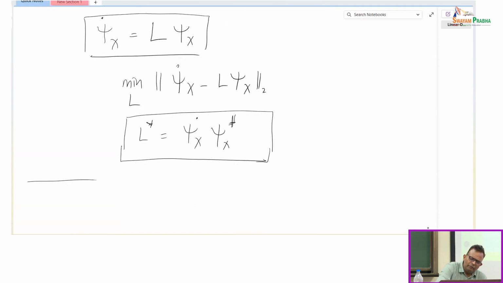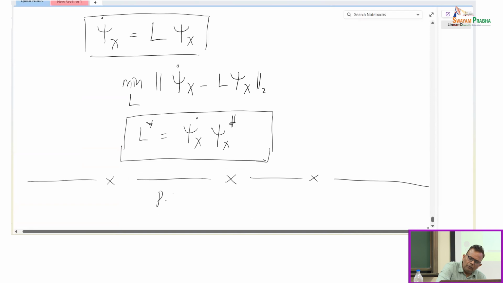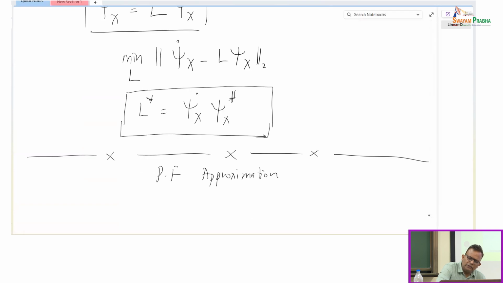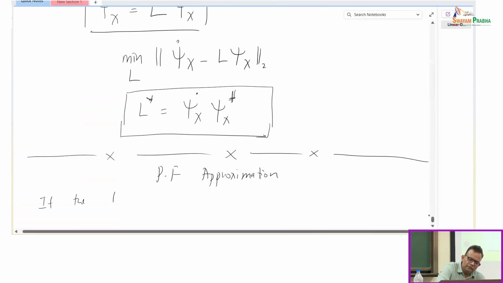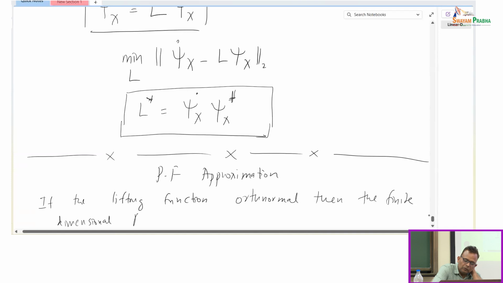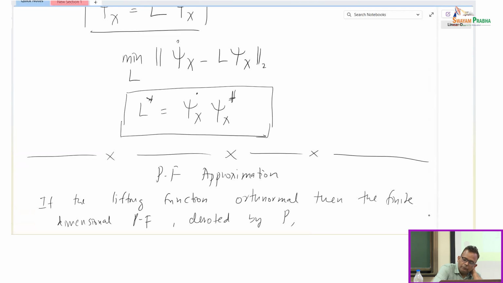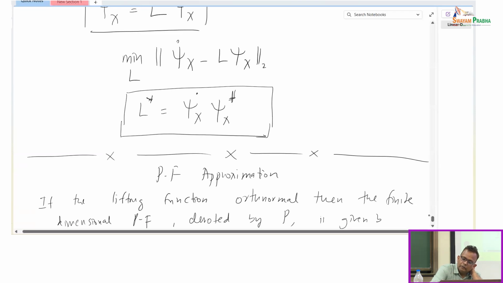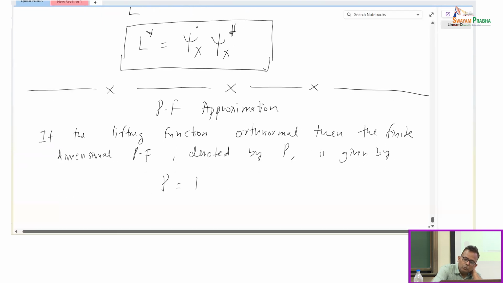So basically, for the PF approximation, if the basis functions, the lifting functions or the observables, are orthonormal, then the finite dimensional PF, denoted by P, is given by P equals K transpose.